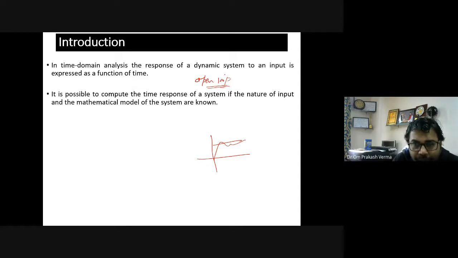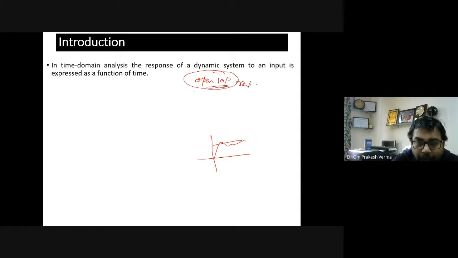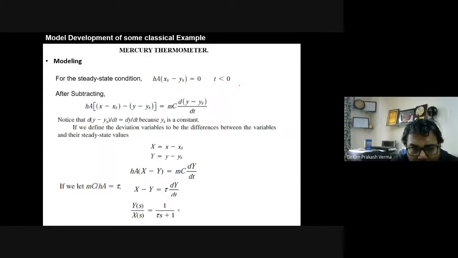Then open loop, what does open loop system mean? Open loop response means whatever model you have developed, let's say this is the model 1 upon tau s. Whatever the input changes, your output will obviously change. So how does the output change with the input?